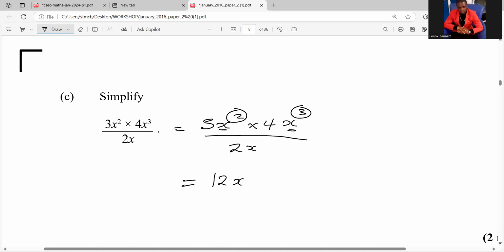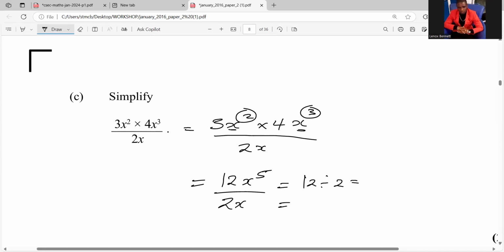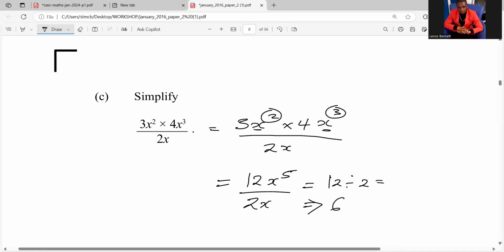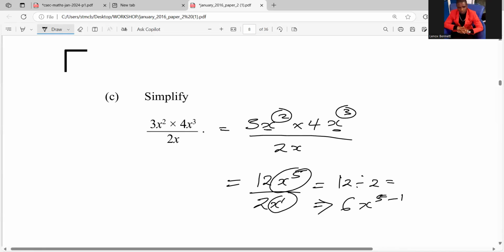So we add the 2 and the 3 to give us 5. And then we divide by 2. So 12 divided by 2 is equal to 6. Now, when we are dividing, we subtract the powers. So it would be x to the 5 minus 1. So that would give us 6x to the 4th power, and that would be our answer.